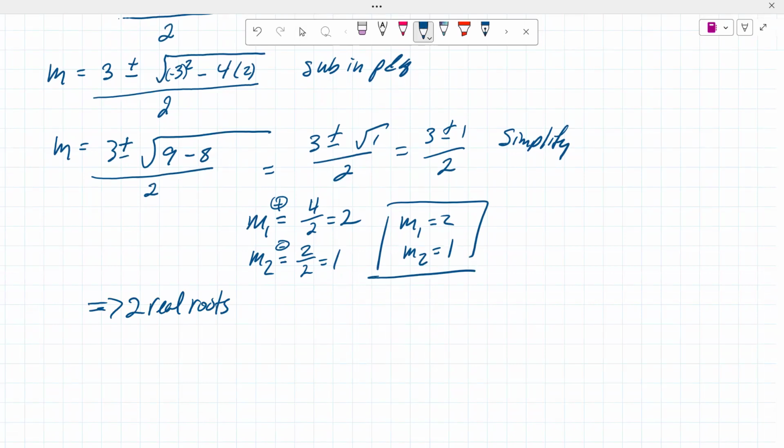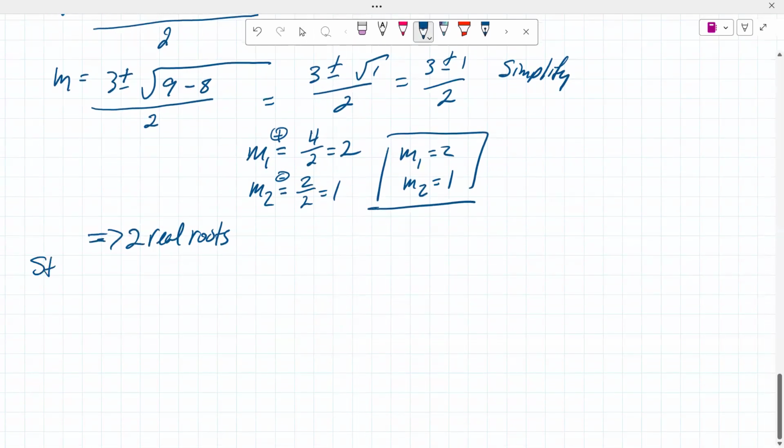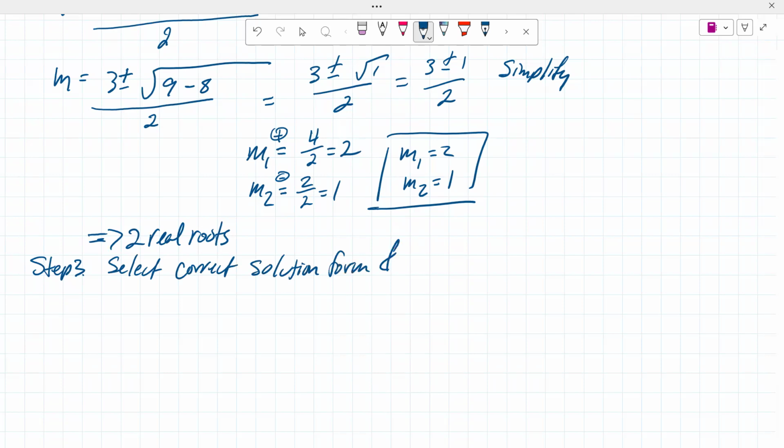Step 3: select the correct solution and sub in. Make the solution form and sub in. All right, so for 2 real roots, this is case 1, 2 real roots. Great.